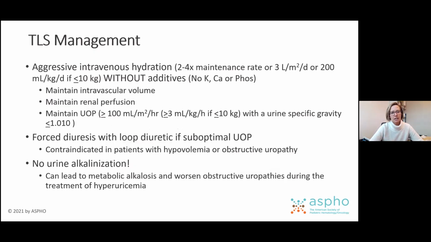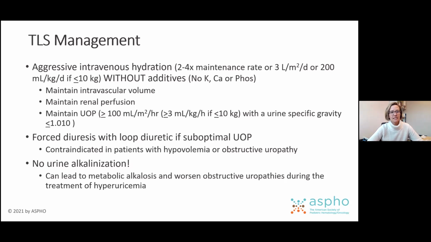So as far as management goes, it's generally symptomatic support. In general, we use aggressive IV hydration, usually 2 to 4 times maintenance rate, without any additives such as any phos or calcium or potassium in the IV fluids, because you don't want to exacerbate any of that further.